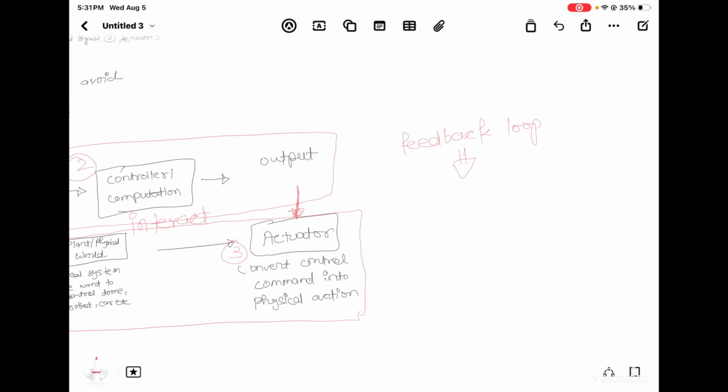So the feedback loop is: the physical world affects the cyber world, and the cyber world affects the physical world.